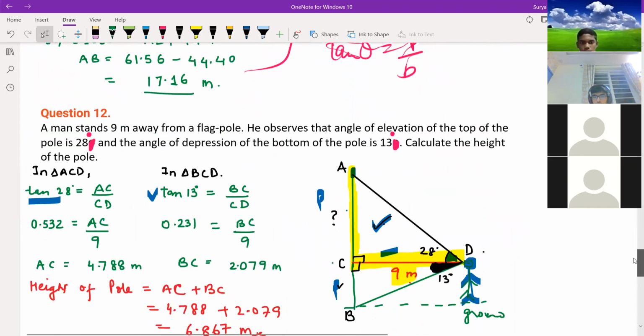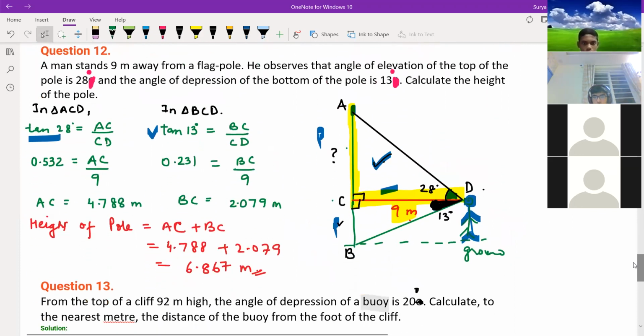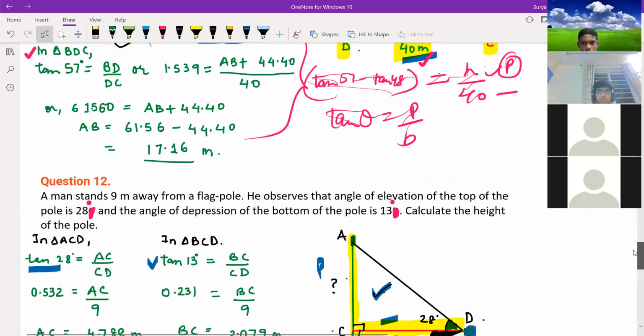Next question is C, question number 12. First you see the question.